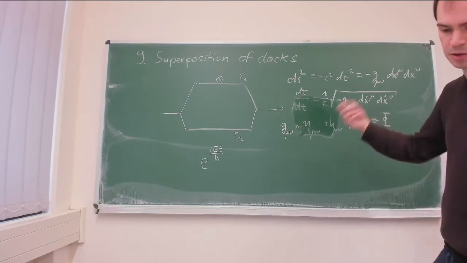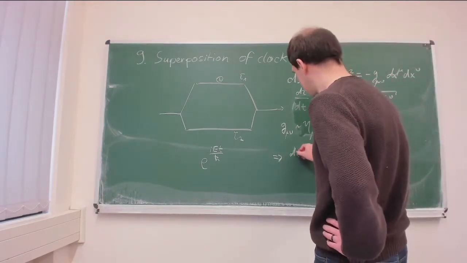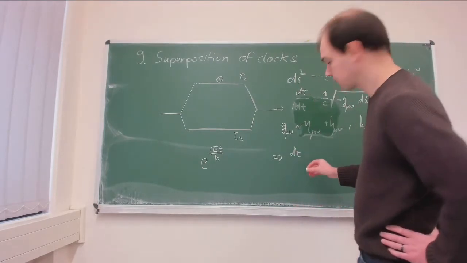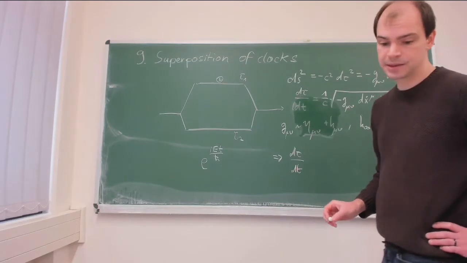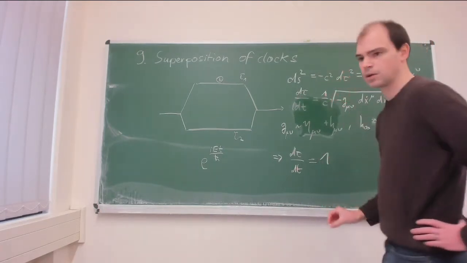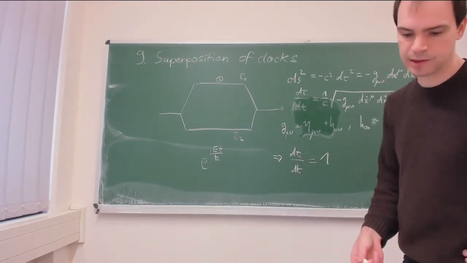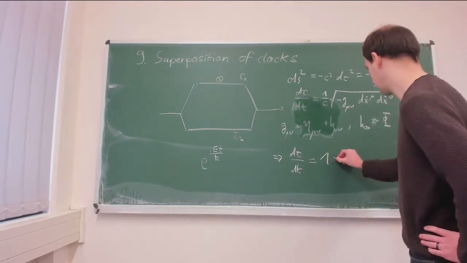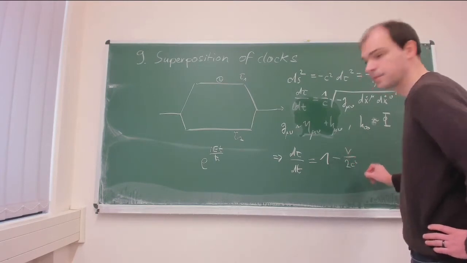So we have a Newtonian gravitational potential. Then we can calculate d tau by dt, and we get that this is 1. So in the non-relativistic case, t and tau are actually the same, minus v squared divided by 2c squared.